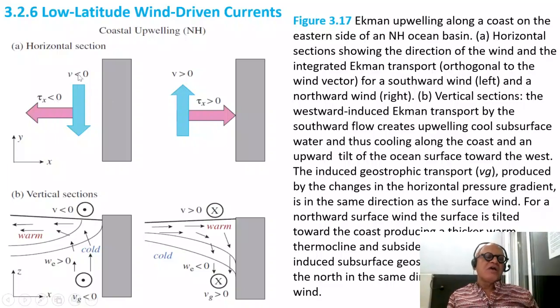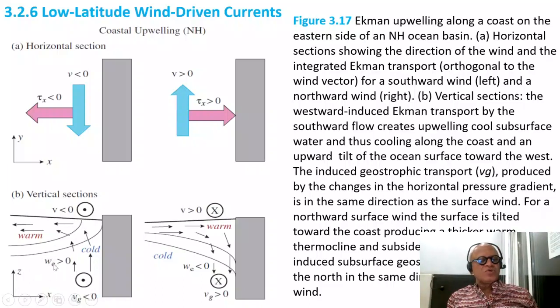So you're going to have geostrophic currents going south, and if you look at the vertical section, you can see that the winds are dragging water off and bringing cold water here, and if isopycnals dome up, sea level drops down, and there is a compensating pressure gradient in the interior.